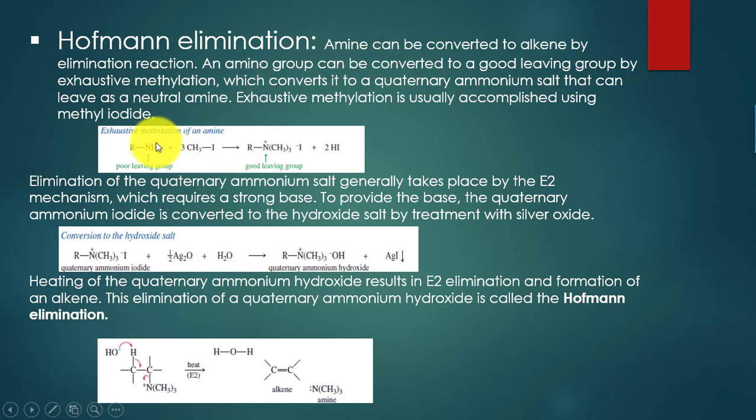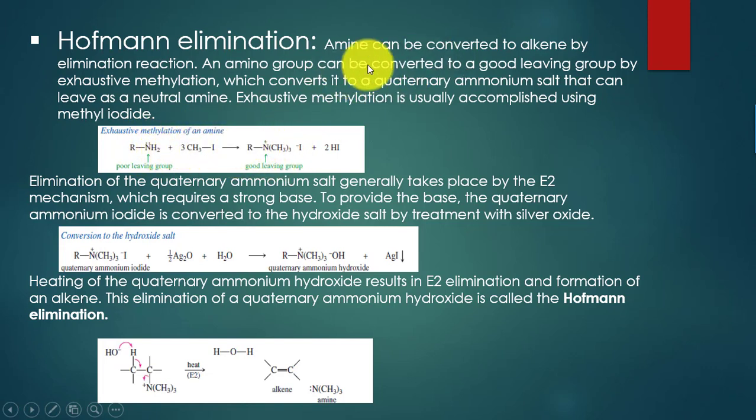We say that an amine in the form of NH2 group or negatively charged RNH group is not a good leaving group because they are basic and they have nucleophilic properties. So first they will be converted into a good leaving group by their alkylation.